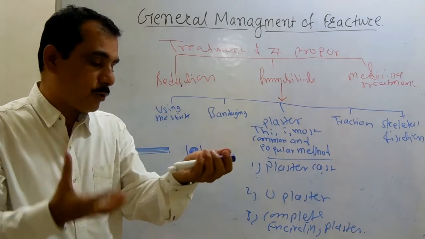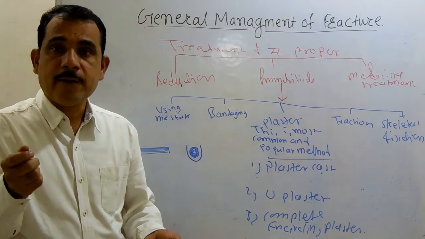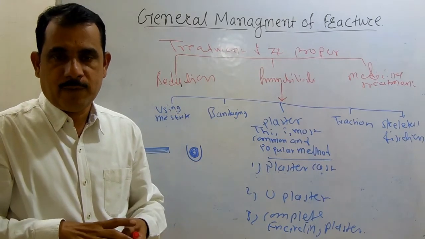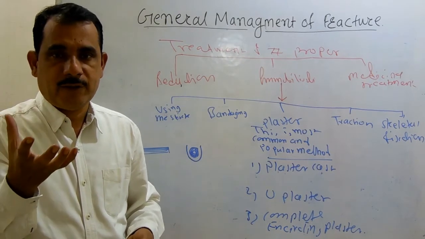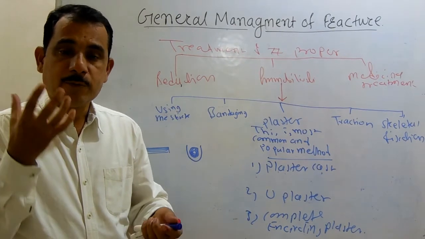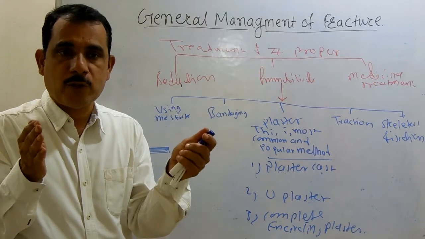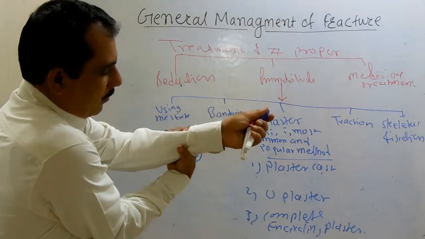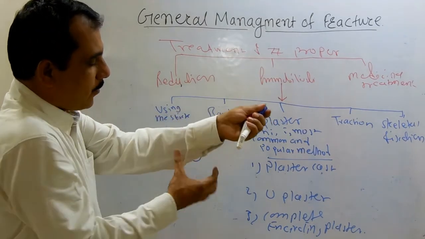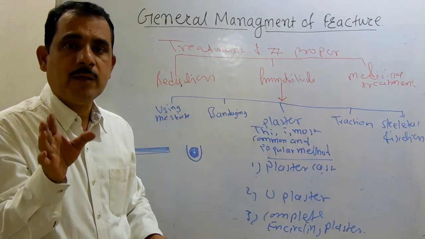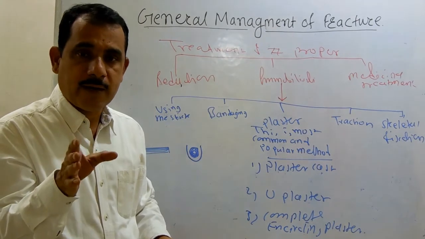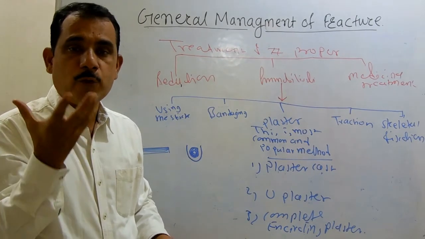The advantage is that if there are chances of swelling after the immobilization, and if swelling occurs, it will cause compartment syndrome. So you keep the plaster on three sides and one side open, so this portion is allowed to swell up and doesn't cause compartment syndrome. Do you understand? In such cases, you can use the U-plaster.